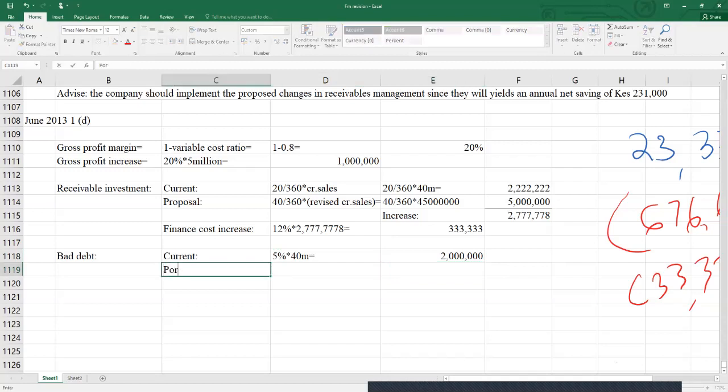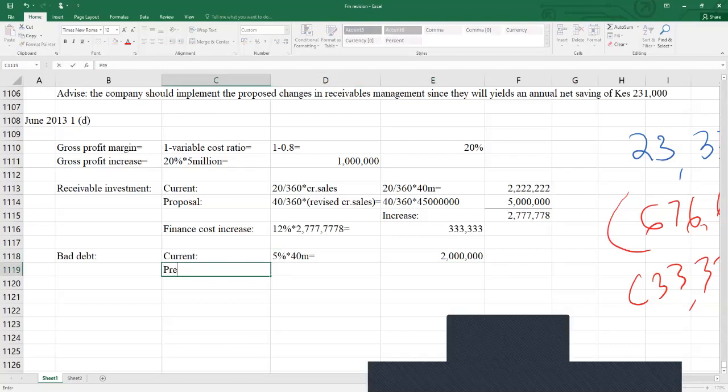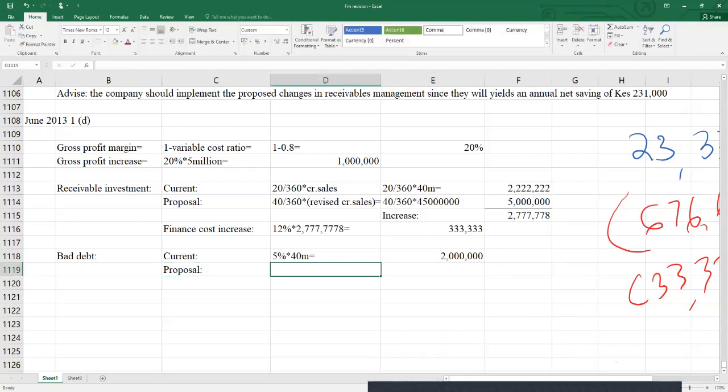If the company implements the proposal, you're told that the bad debt ratio will increase to 6%, therefore 6% times the new sales. Don't forget the new sales is now 45 million.